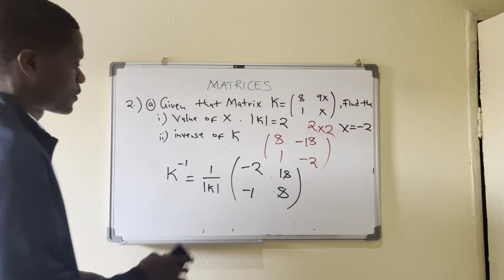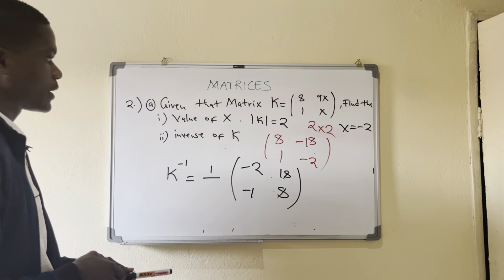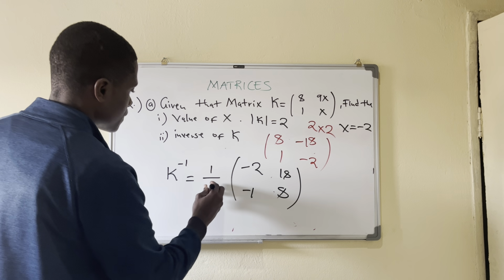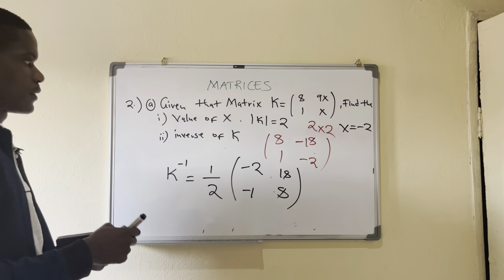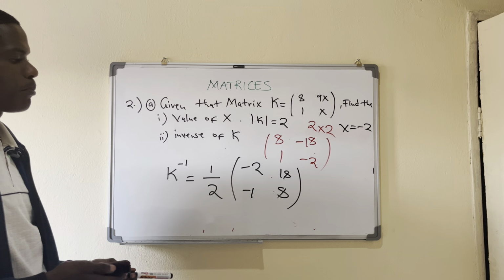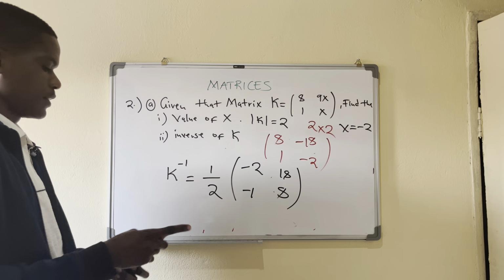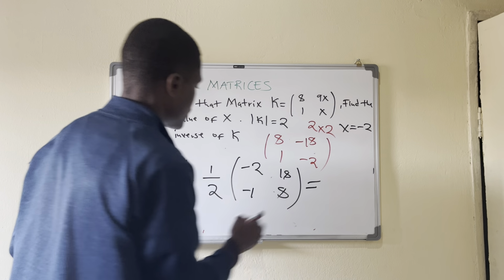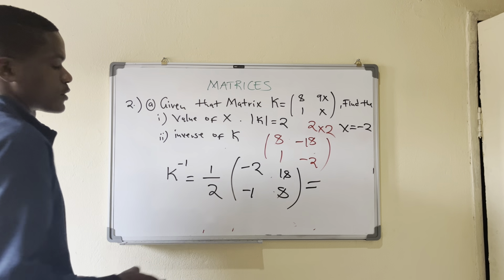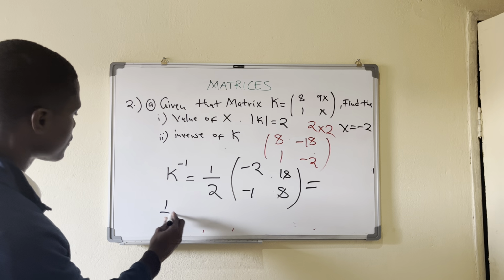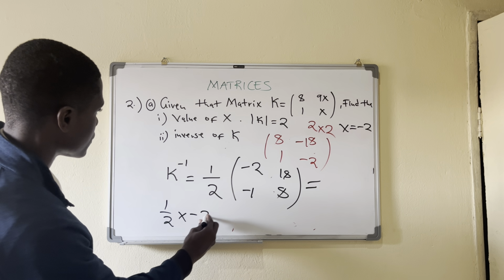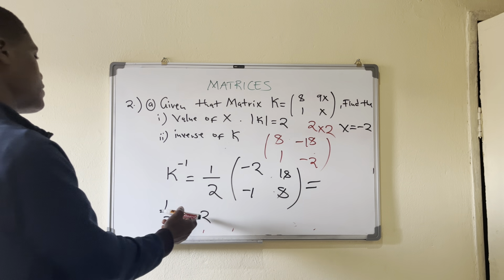Then we'll substitute. We have our determinant, we'll put the 2. Okay, now to finish this up, you just need to multiply this half with every component in the matrix. So half times negative 2. In other terms, we are just dividing by 2.